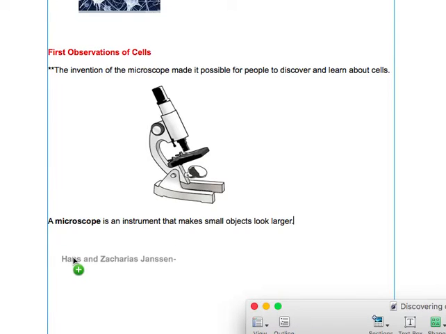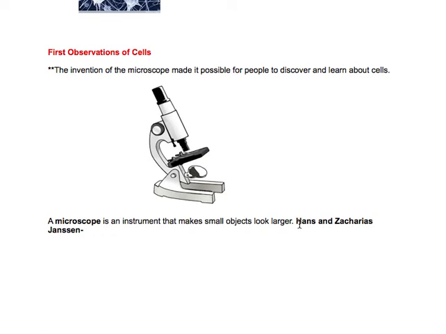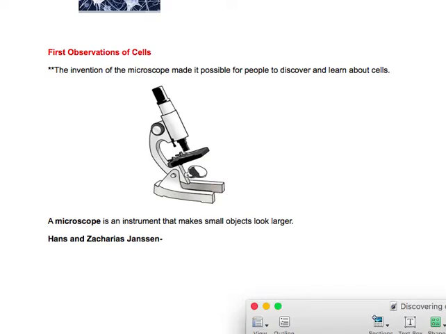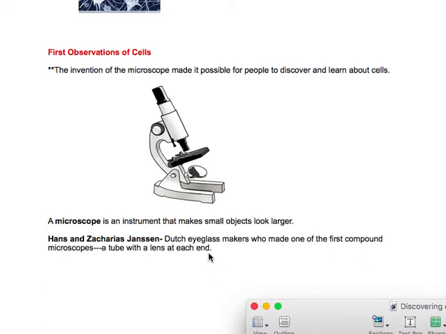Well, these two guys, Hans and Zacharias Janssen, they were eyeglass makers. And they were Dutch, and they made one of the first compound microscopes. So they had a tube with a lens attached at each end, and that allowed them to see things a lot closer up.